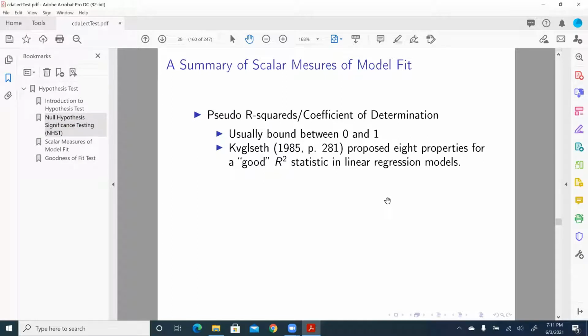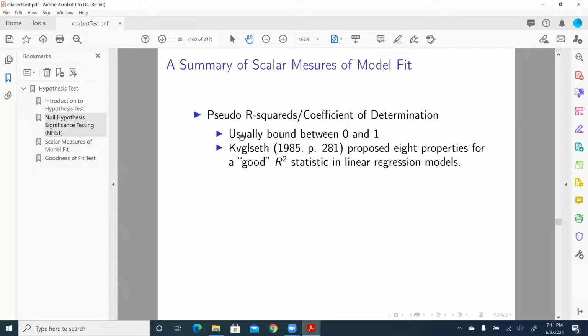Long in 1985 proposed basically 8 properties for a good R-square statistic in linear regression models, and these 8 properties supposedly hold for the R-squares in nonlinear, categorical and limited response variable models.